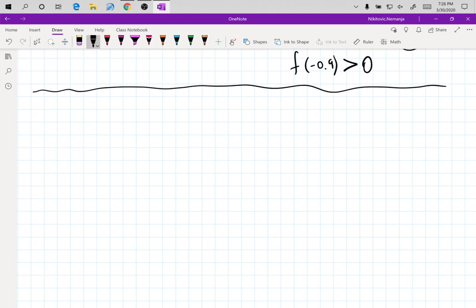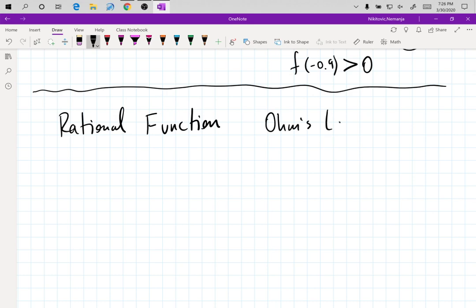So here is the example of a rational function. First of all, we have something called Ohm's law, where current is equal to voltage divided by resistance. When you plug in your cell phone charger, it says 2.1 amps.